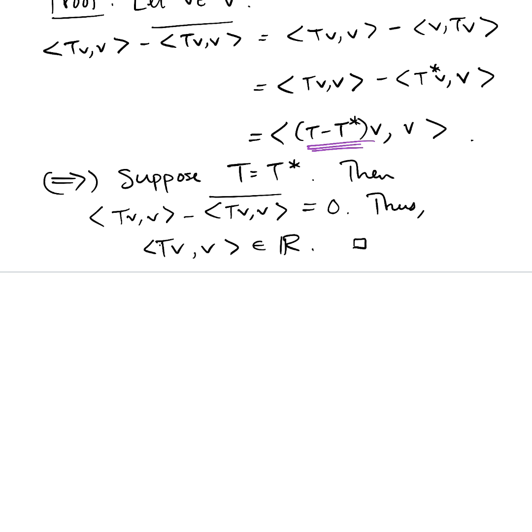All right, let's try the other direction. All right, here we go. Suppose that TV inner product V is real for all V in our inner product space. Okay, so now we're trying to argue that T must be self-adjoint. Well again, look at this big display right here. That giant string of equal signs shows you that if TV inner product V is real, well then this side is 0.